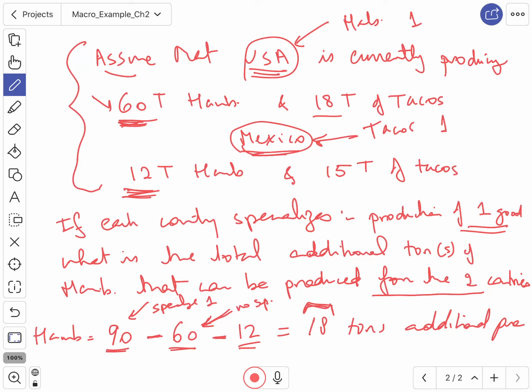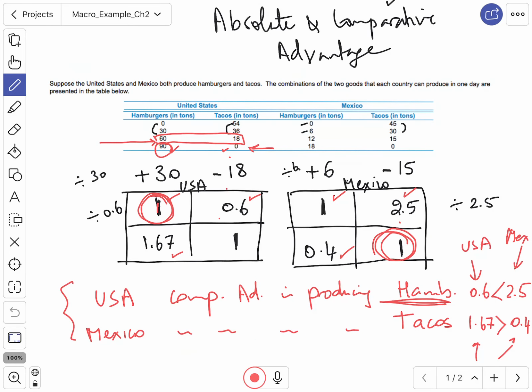Okay, now let's repeat this for tacos. So tacos is going to be the production for Mexico under comparative advantage. So it has a comparative advantage in the production of tacos. So it will shift all the resources to the production of tacos, 0 to hamburger, because the question is assuming just one good. So that means 0 and 45.